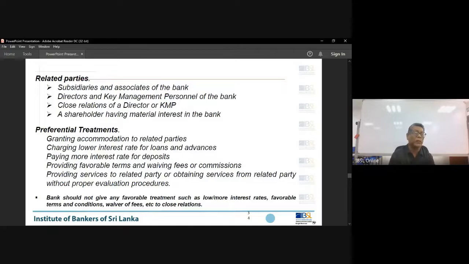First, you need to get board approval with a two-thirds majority. You need to make a request to the bank, and the board of directors needs to approve with a two-thirds majority.